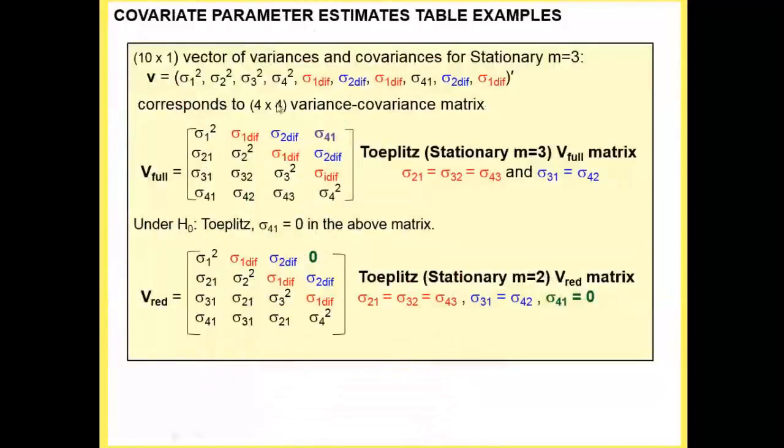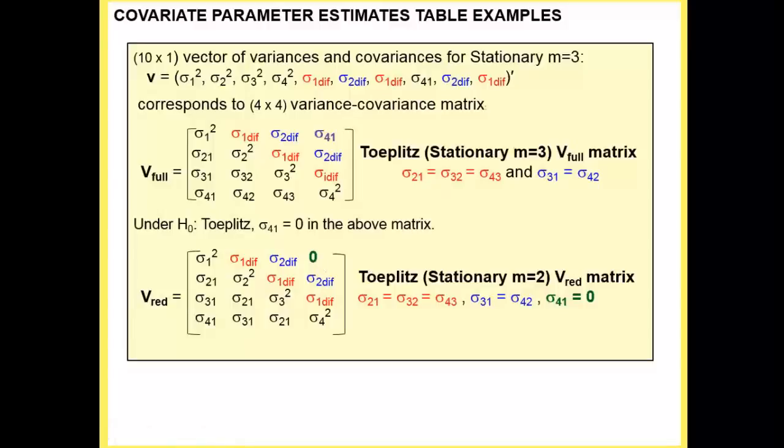If I'm starting with toeplitz, stationary m equal to 3, and I want to look at stationary m equal to 2, what I'm comparing is this matrix versus this matrix. What's the difference between what these two pictures say? There's a 0 here, right? There's a 0 here, correct? So if this is 0, then I'm really at stationary 2 dependent.